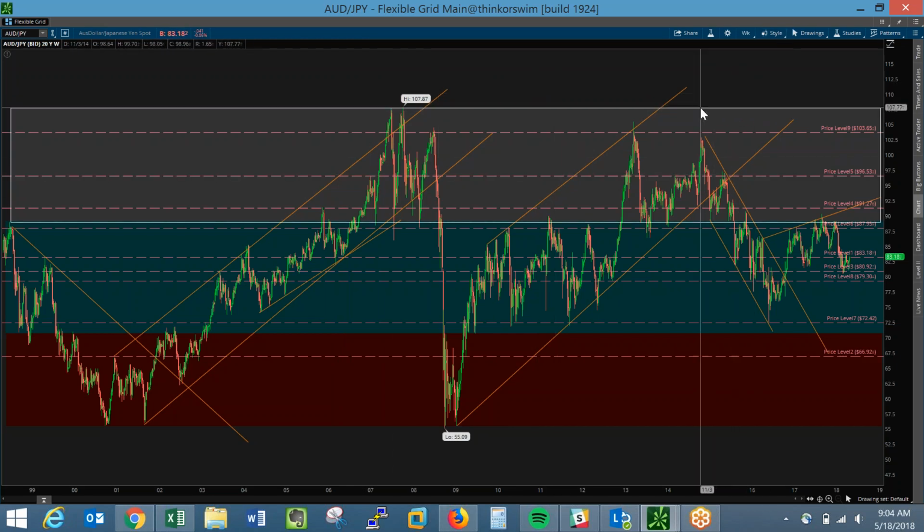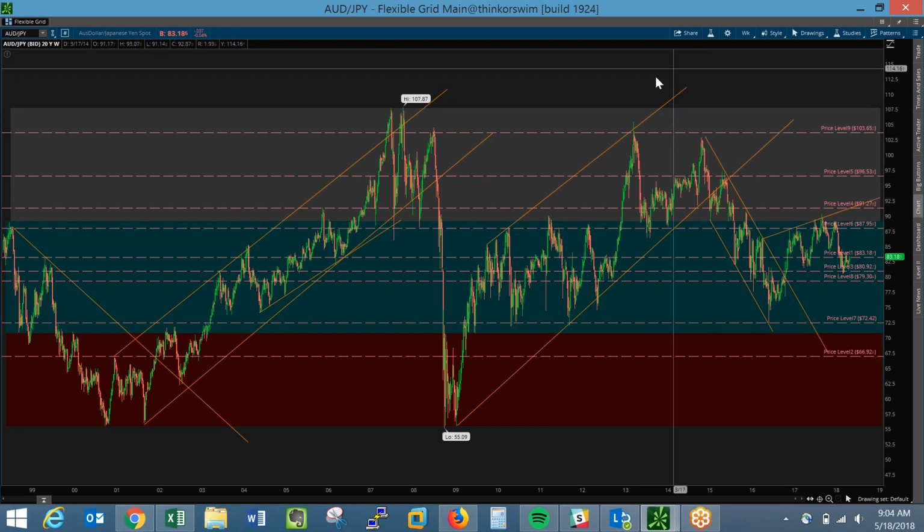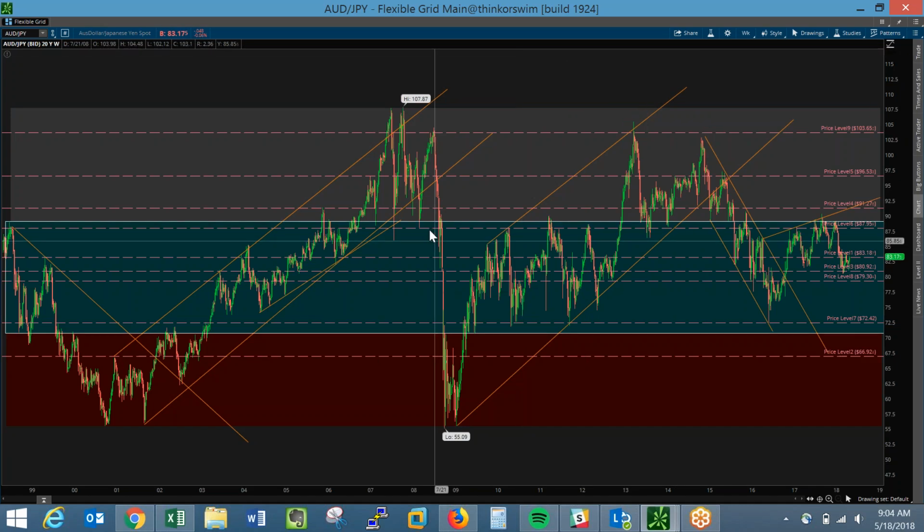Trade spot forex a little bit more easily in terms of where to move your stop losses, where to be conservative, where not to.